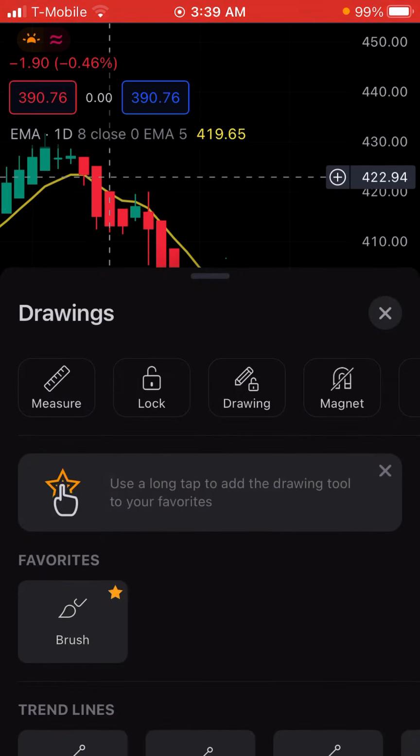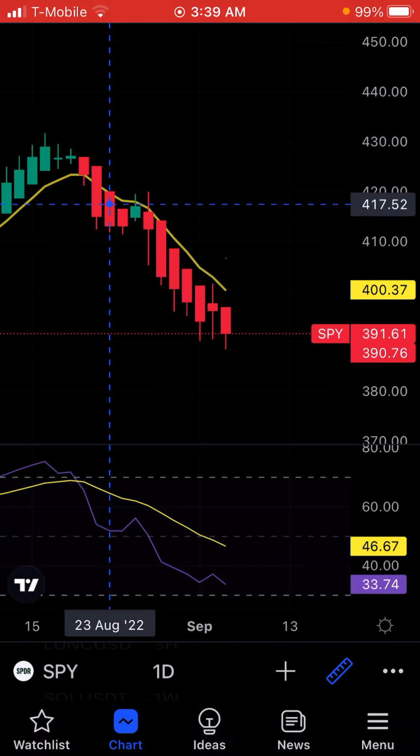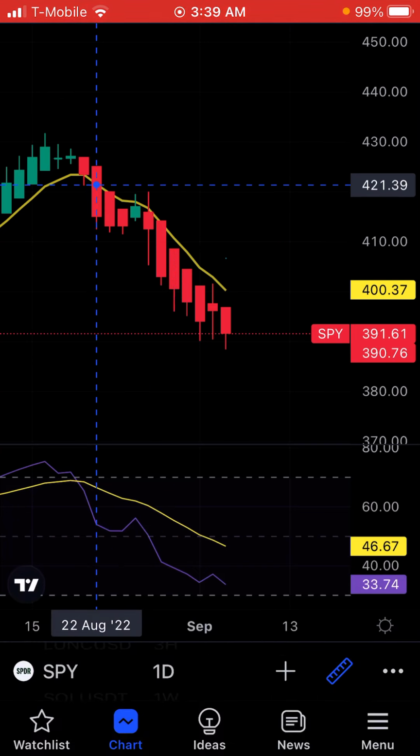So how much gains would you have made if you caught this? If you bought a put when everything started going down, the indication was right there that it was going to start going down.